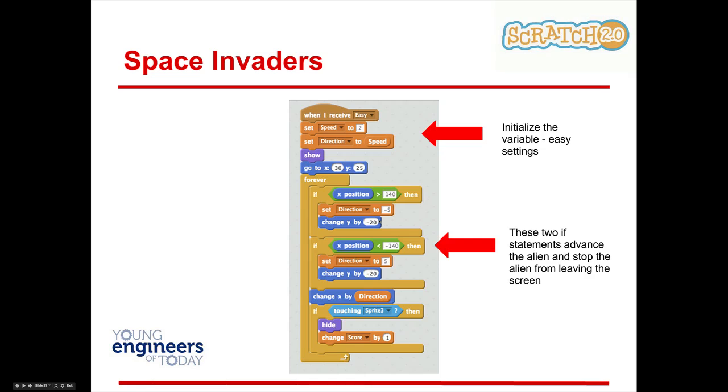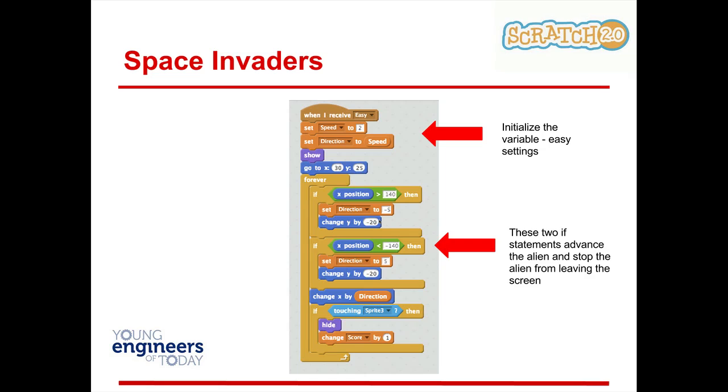They're saying, hey, if this thing hits the wall, have it go down by 20, so it's slipping down the wall, and then start moving back to the left with that -5. That's set direction -5. This is when it's set on easy. If x position is less than -140, so it's on the other side of the screen, set direction to 5, change y by -20. See how it's slowly advancing down the screen?